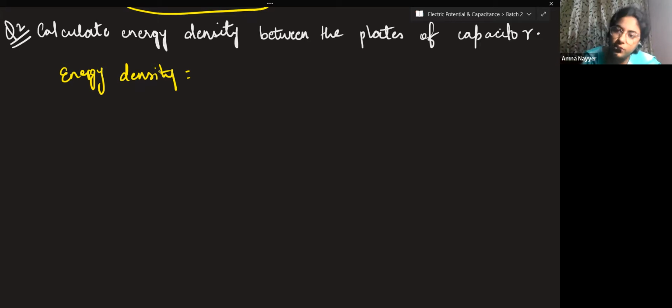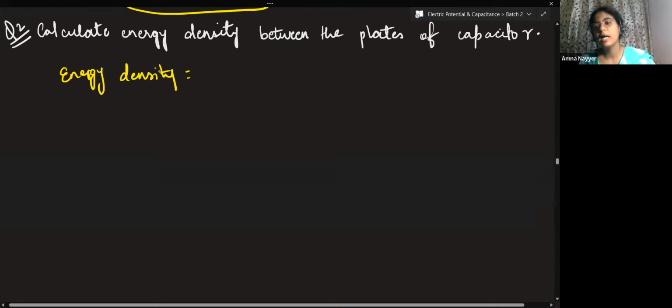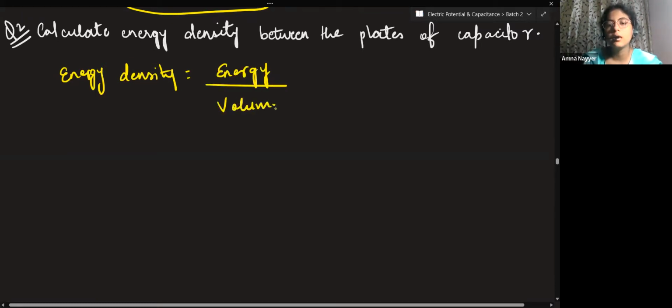In the case of the parallel plates of a capacitor, energy density means energy per unit volume. Energy is represented by capital U, volume by capital V, and energy density by small u. This is the symbol of energy density.